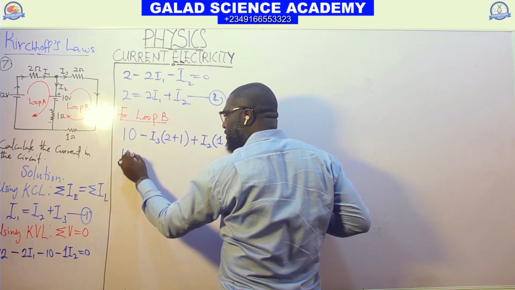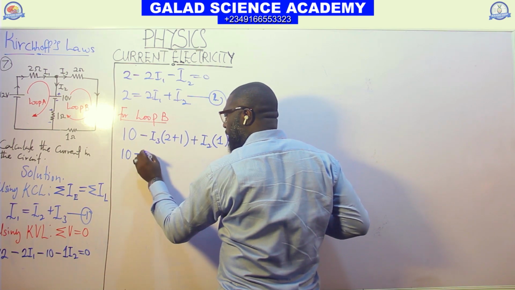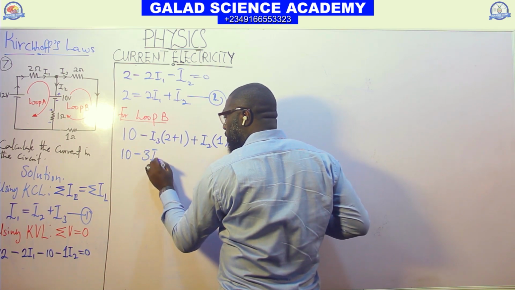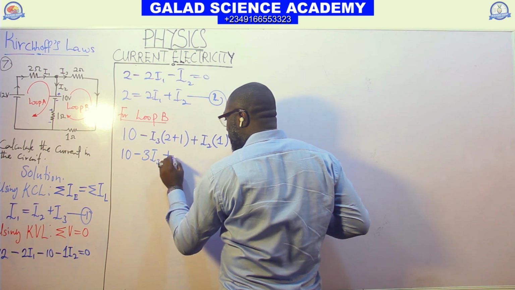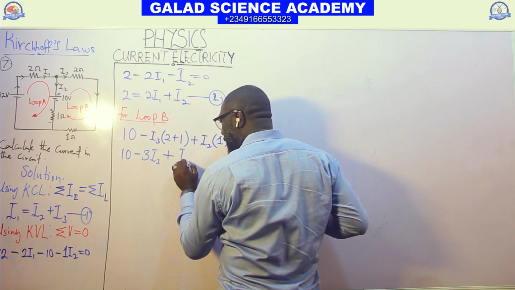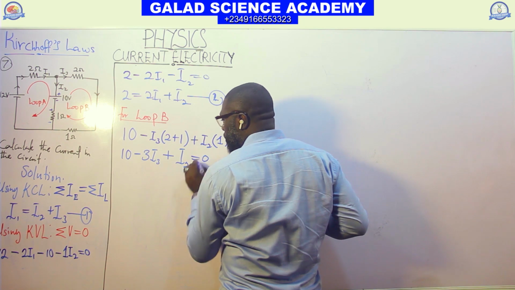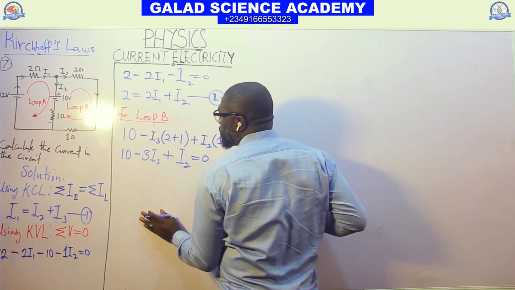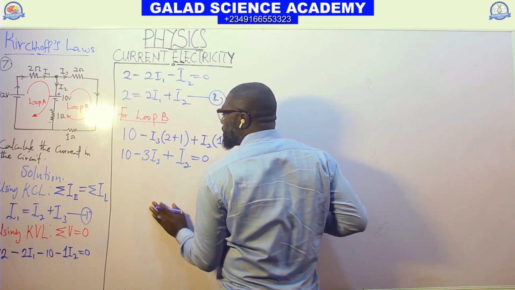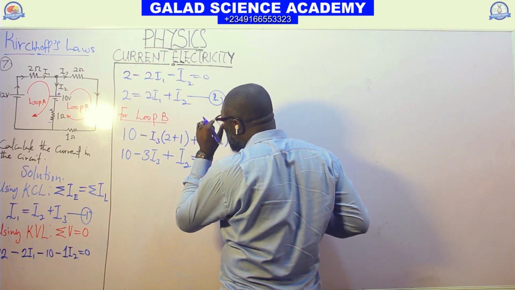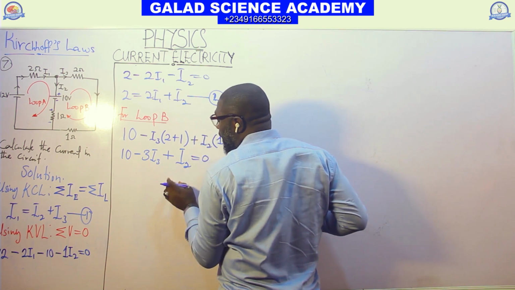Rearrange it. We have 10 minus 3I3 plus I2 equal to 0. What are we going to have here?